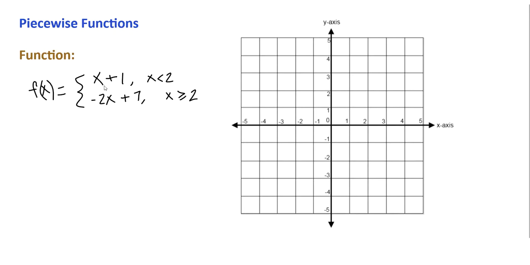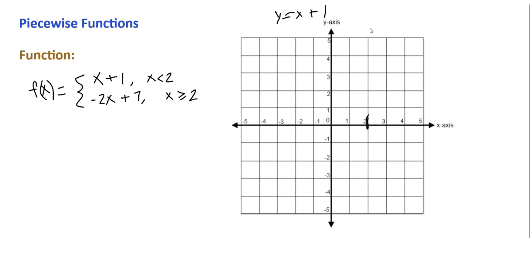So I'm only going to graph this first line. We notice it's a line. It has an exponent of 1 on the x, so it's linear. So when I graph this line here, I'm only going to graph it for any x values less than 2. Okay, so this is where x is 2 right here. So it's like over on this side of the graph, I'm going to be graphing y equals x plus 1.